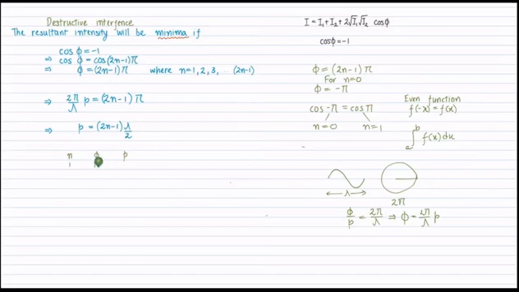What will be my path difference? Substituting 1, 2 ones are 2, minus 1 is 1, 1 times lambda by 2 is lambda by 2. So when my phase difference is pi, my path difference is lambda by 2. And since this is n equals 1, this will be my first order.